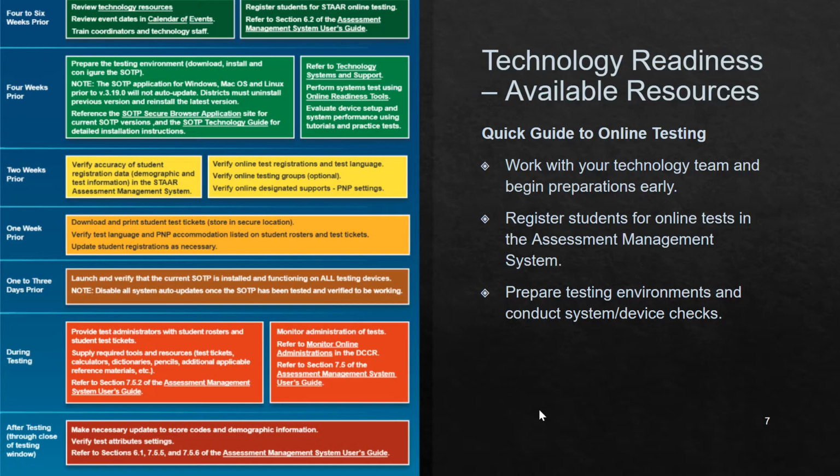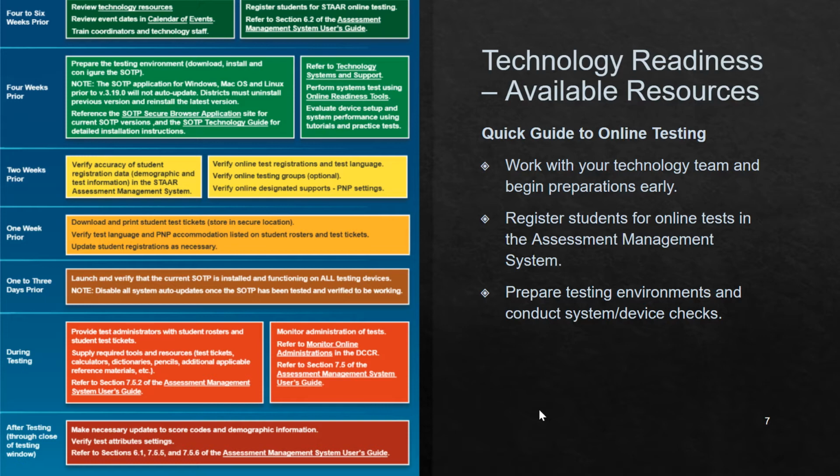They also give us a quick guide to online testing, when we should be preparing. We do have testing in December for our high school retesters. These calendars will be provided to you as to when we're going to have the tests. I know that principals are receiving these calendars so that they can review, because our testing window looks a lot different this year. Our spring tests actually have 5-week windows, and even our TELPAS window has been extended.